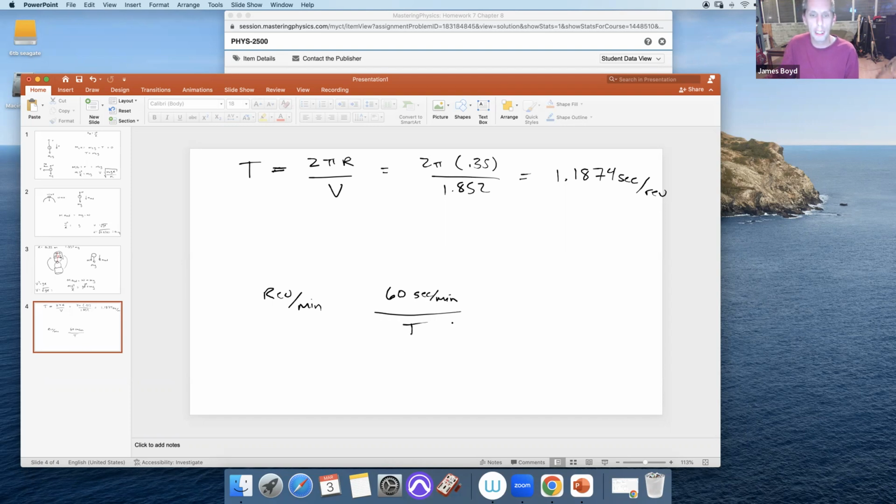My period is in seconds per revolution, and what I get is revolutions per minute. So 60 divided by 1.1874 gives me 50.53, or 50.5 revolutions per minute for RPMs.